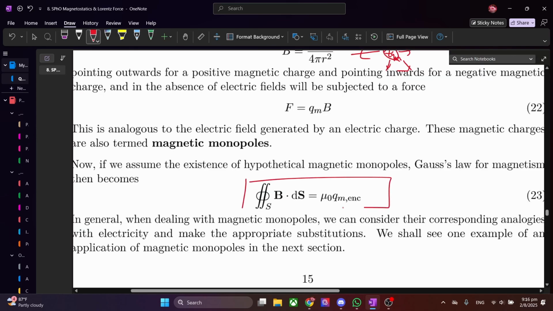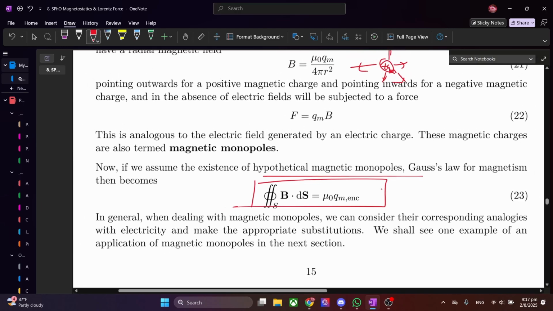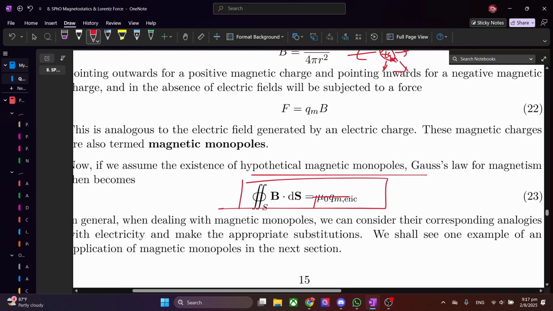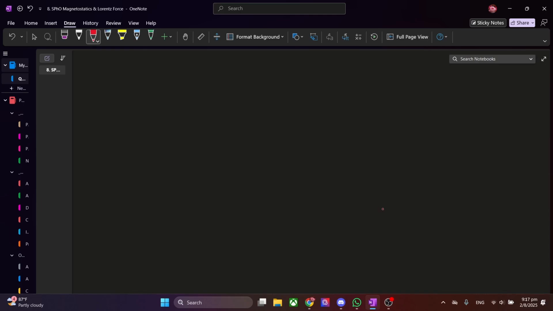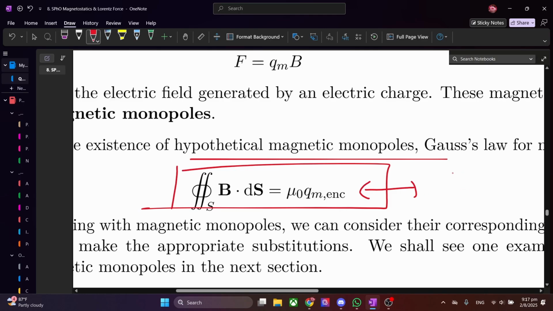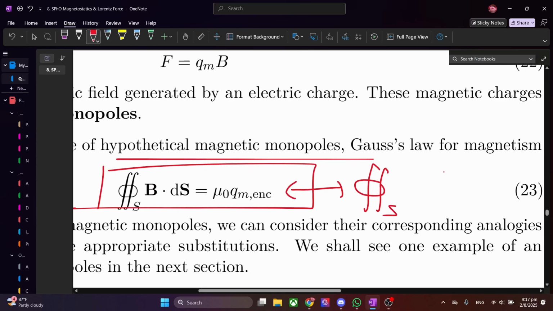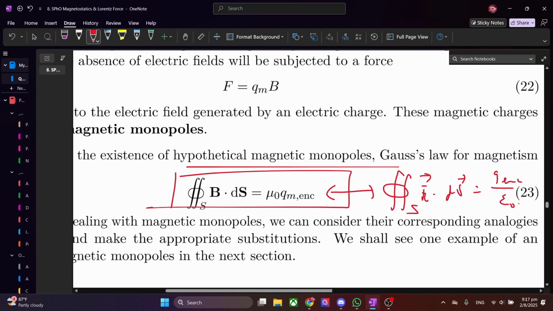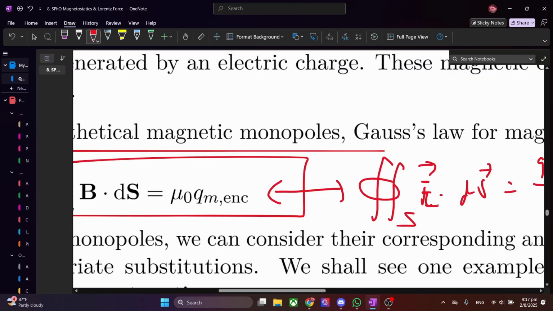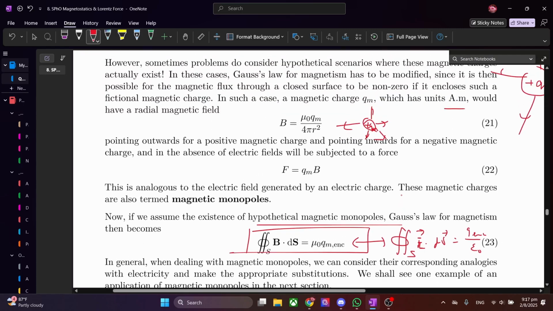So if you have hypothetical magnetic monopoles that exist, you would have this equation be true instead, where you are considering mu naught times your Qm enclosed. This is again analogous to the electricity version, where E dot dS would be Q enclosed over epsilon naught.